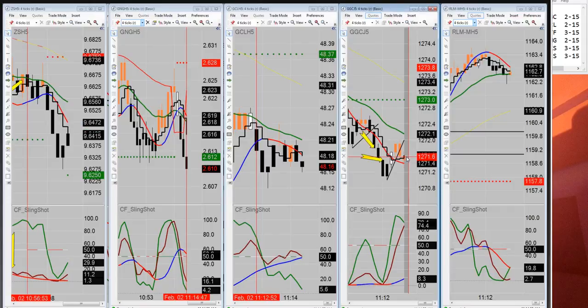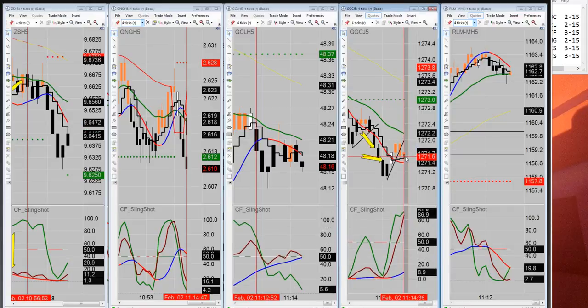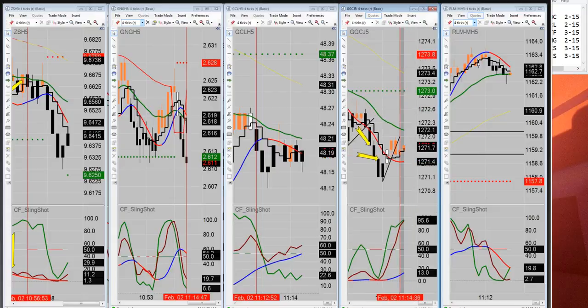Alright, that down close right there at 71.6 is a short trade on the gold.